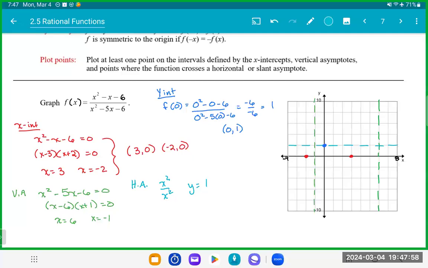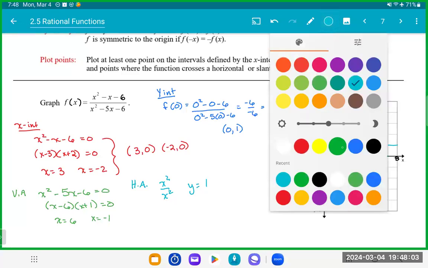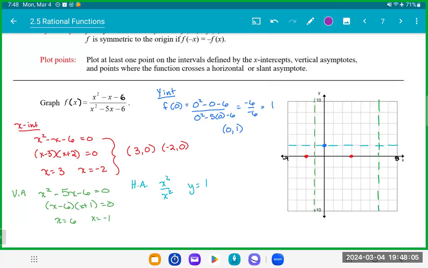And now let's look for symmetry. So for symmetry, that is, if we plug in f of -x, that equals x squared plus x minus 6, right?